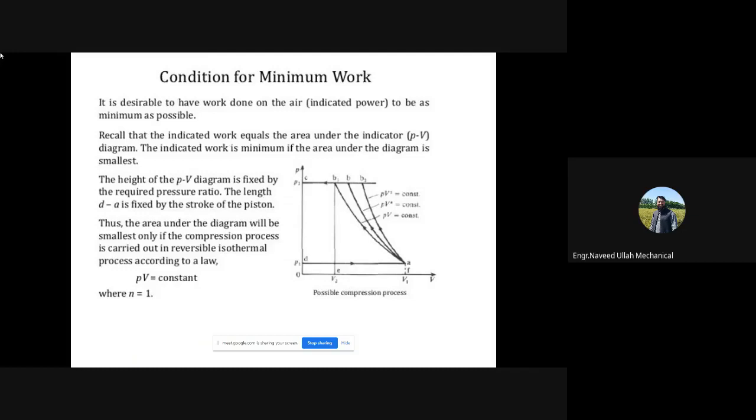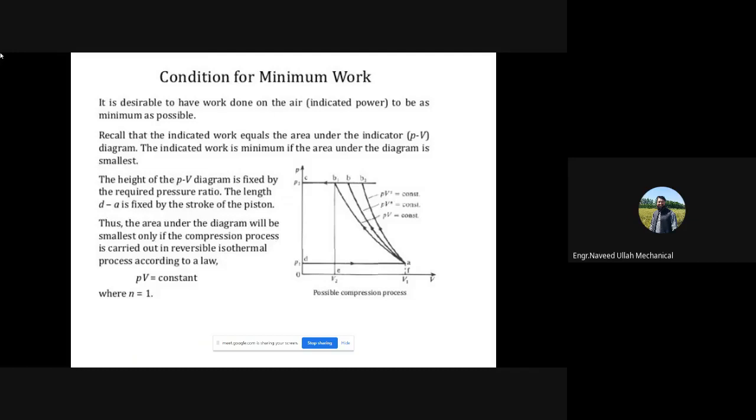So if I just refresh what we have studied in our previous class, we discussed generally the working principle of positive displacement machines, and particularly the reciprocating air compressor.